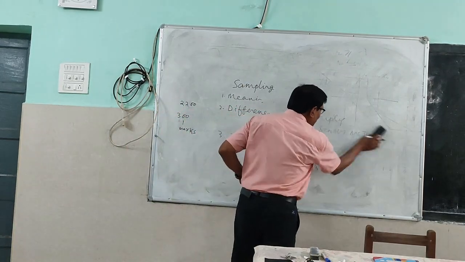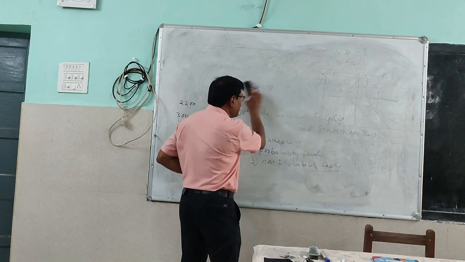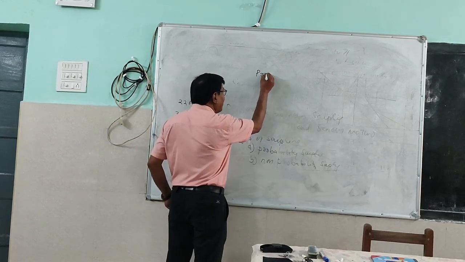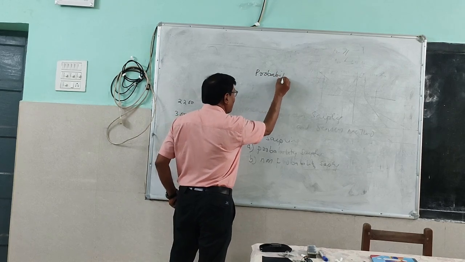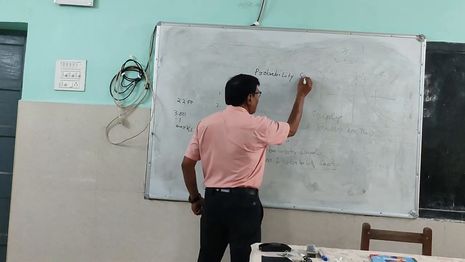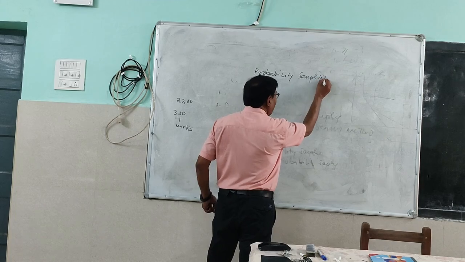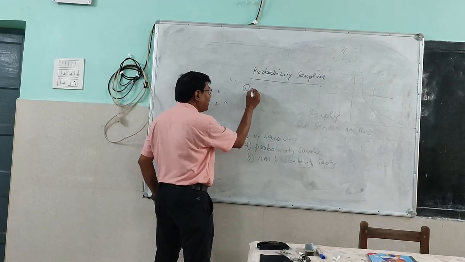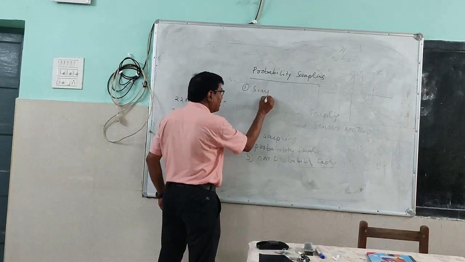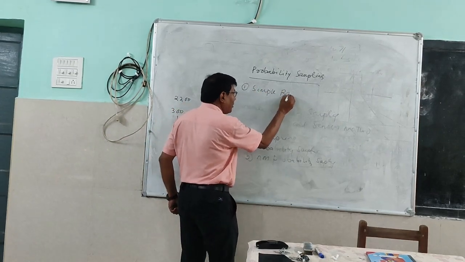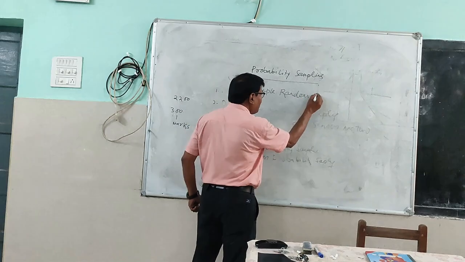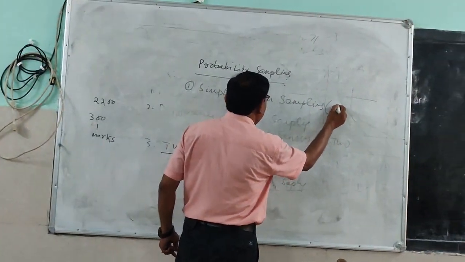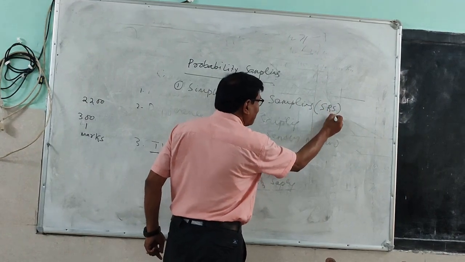Now we'll come to probability sampling and what its methods are. Under probability sampling, first we explain the simple random sampling, called the SRS method.